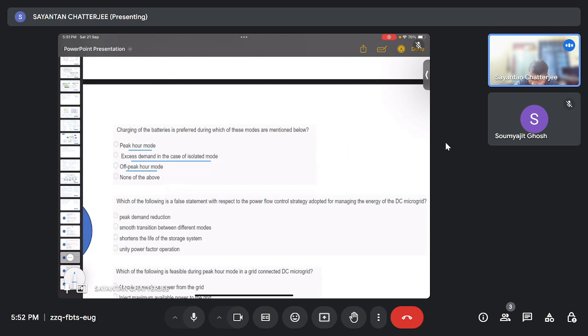Any wild guesses? Where would the charging be more preferred? These are peak hours.